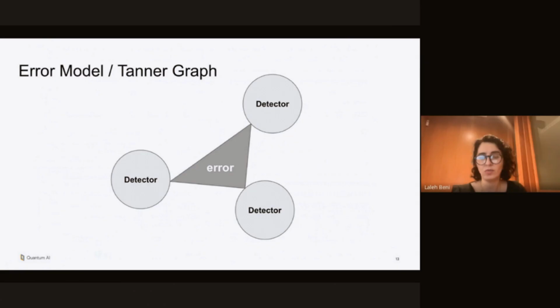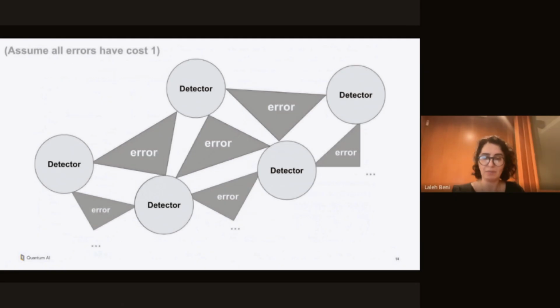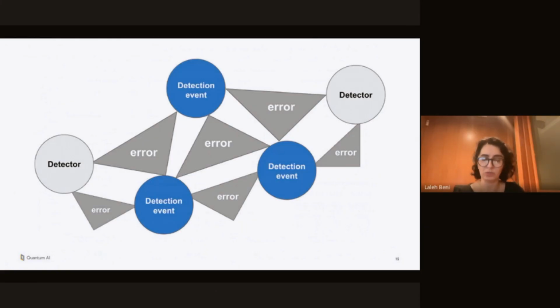Here, let's assume we are looking at our error model or Tanner graph in terms of these detectors in the circle pattern, and we have errors in this hyperedge pattern that we are showing with these triangles. Let's go over an example. Let's assume this is a portion of a color code Tanner graph. And what we are seeing in our syndrome data is these three detection events.